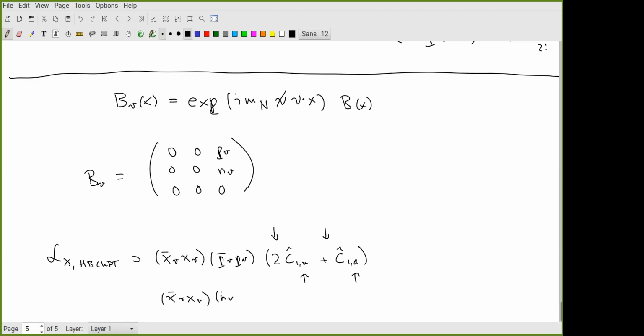So the neutron interaction would look like this, and you would have 2 C1D plus C1U. So that's nice, we reproduce our previous result.